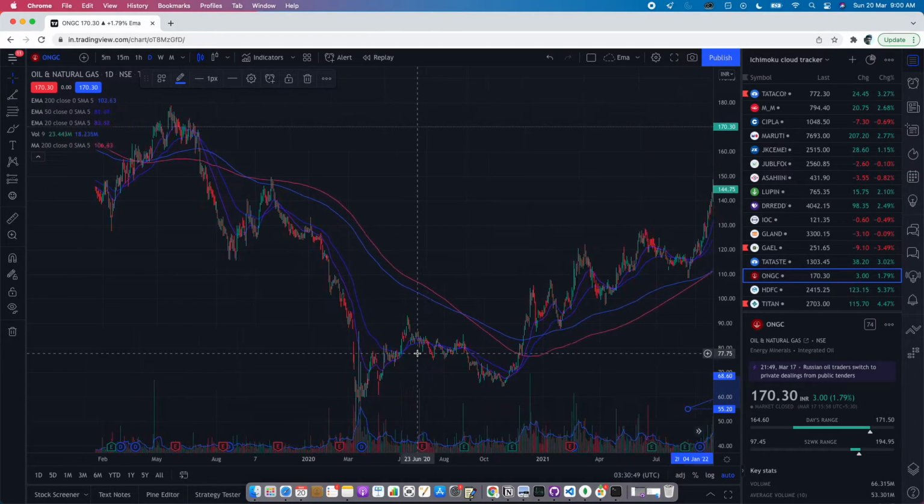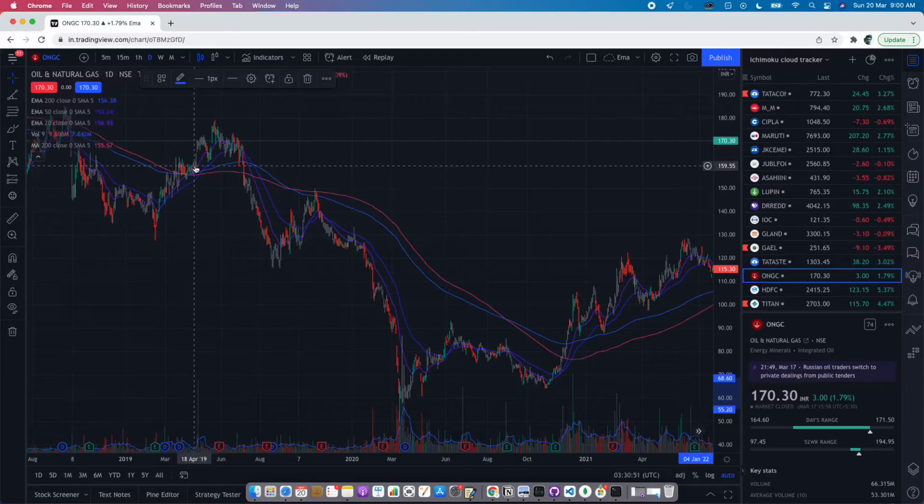So that reduces the chances of fake breakouts like this. You can see in this case the volume is not high, so you should have a higher volume. That simply means that more trades are happening, and it is not a hoax, or some operator trying to manipulate the prices. It is being approved by multiple people.